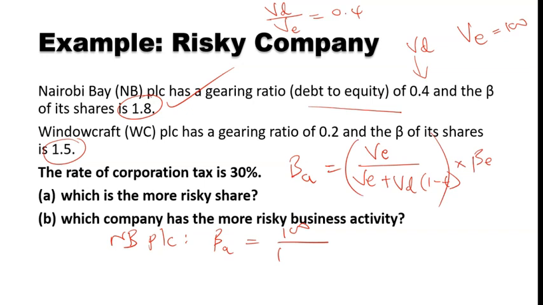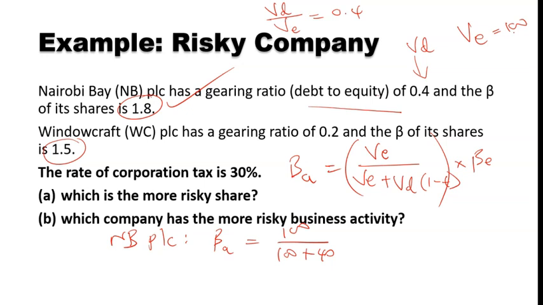This is the formula we are talking about. So 100 over 100 plus 40, all right? Remember, this 100 is the same as 1.00, so we can't say 100 over 0.4. It doesn't work like that, okay? So it's either the VD over VE ratio is 40 as to 100, or simply 40 over 100, or simply 0.4.